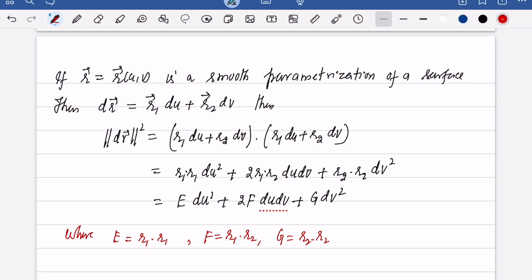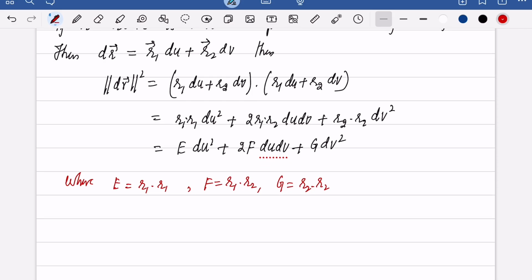So these E, F, G are scalars, which we call the first order fundamental magnitudes, and this equation E du square plus twice F du dv plus G dv square is called the first order fundamental form, or the first fundamental form.